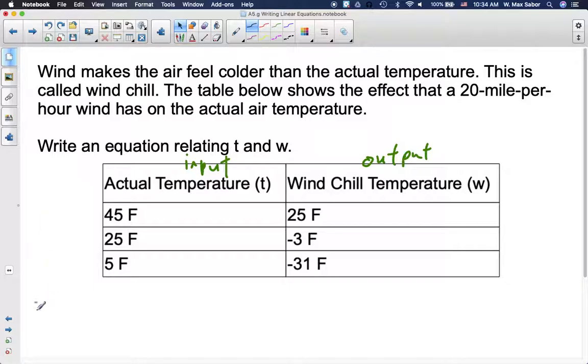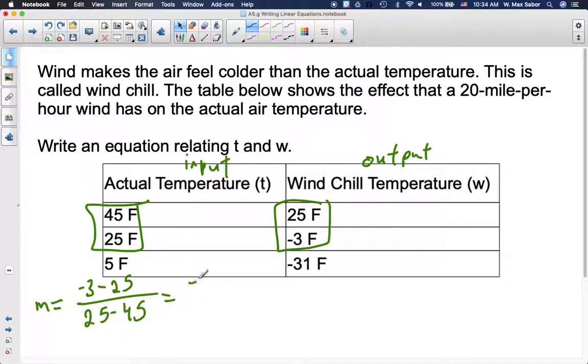So we need to find our slope, which will be -3 minus 25 over 25 minus 45, which is -28 over -20, or 7/5. So that's our slope.